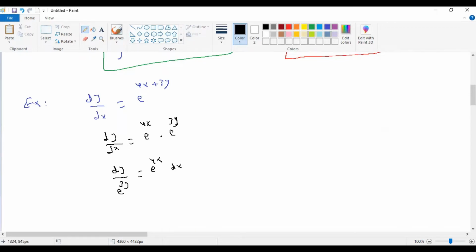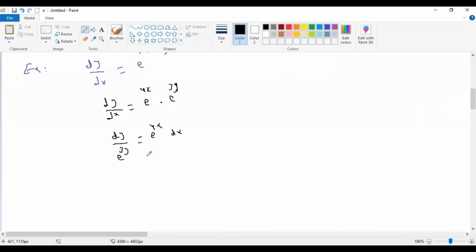Here we divide by e to the 3y. Now the first one you can write as e to the minus 3y dy, and the second one is the integral of e to the 4x dx.